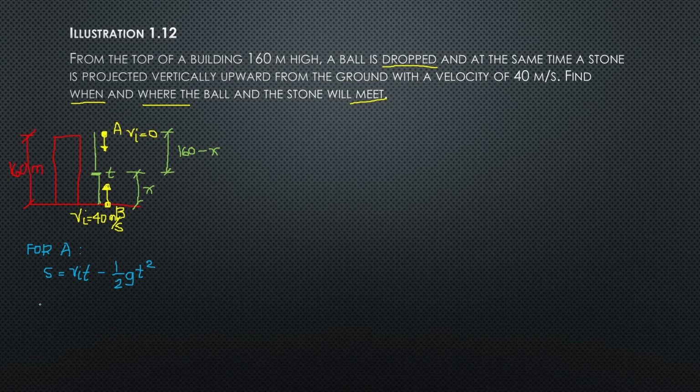So this is traveled below. So this has a value of negative 160 minus x. Using the sign convention, then this is equivalent to initial velocity 0 multiplied by time, so that is 0. Then minus 1/2 gt squared. Okay, so let's say this will be equation number 1.